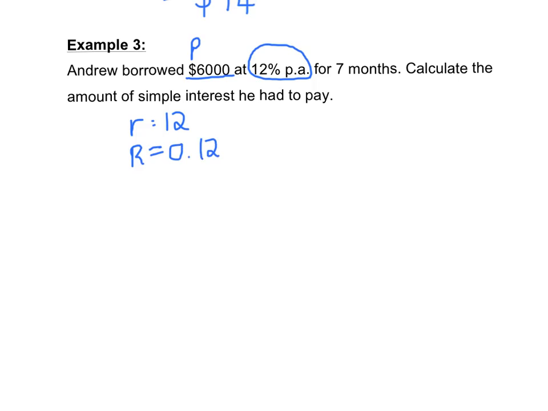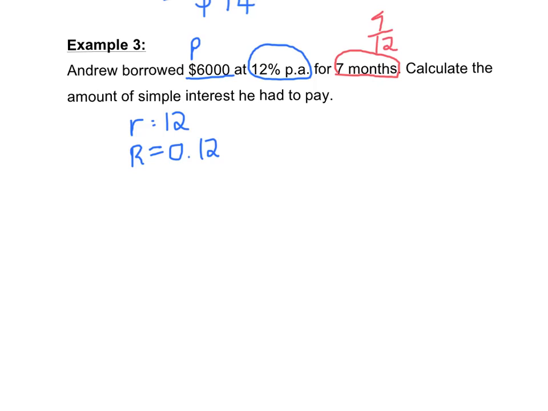The number of time periods refers to 7 months. So this is a discrepancy. Interest rate is per year and number of time periods is in months. So we first have to convert this to be as a fraction of a year. So that's going to be 7 over 12.